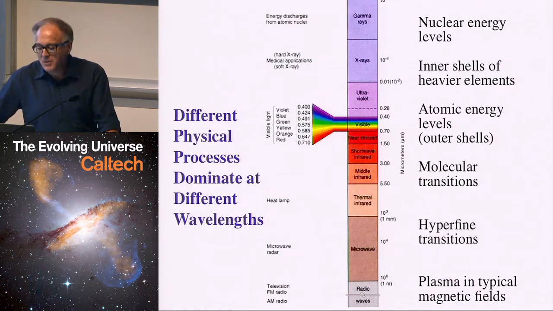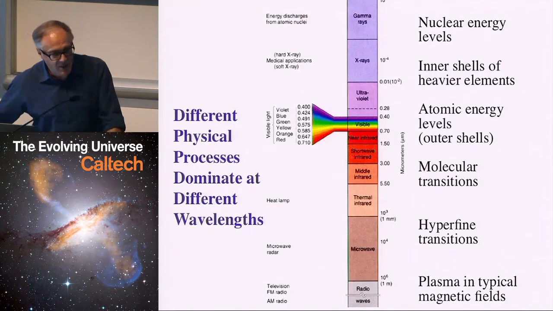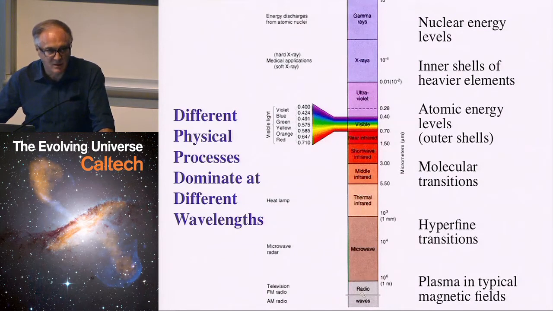Now, as you go toward higher energies, you start to see energy transitions of innermost shells of heavy elements, and then deeper yet into nuclear energy transitions, and then annihilation, things like that. On the other side, as you go to lower energies or longer wavelengths, you first see spectra of molecules and such, and then eventually just waves generated through different plasma processes. So you can see there's a broad range of different physics that plays a role here, and so by observing at different wavelengths, you can learn something about the source.